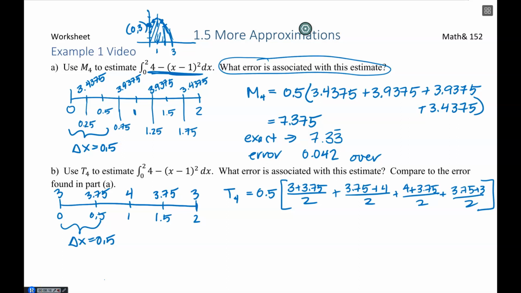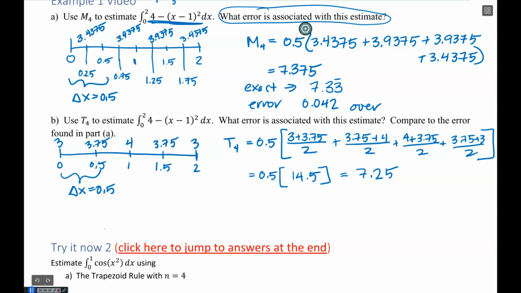So let's go ahead and do just a little bit of calculation here. Okay, the 0.5 is out here, and when I crunched this, what did I get? I got 14.5, so then if we cut it in half, we're getting 7.25. Okay, so trapezoid rule gives me 7.25.